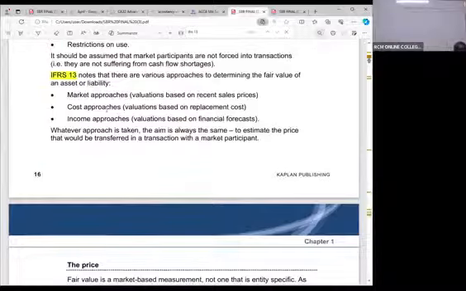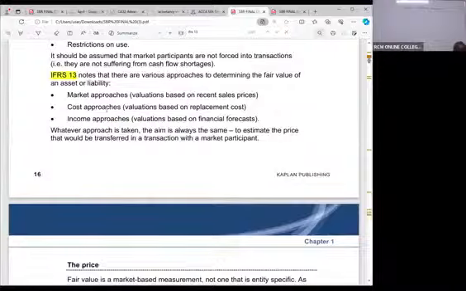Income approaches is what I teach you guys in advanced financial management, where you project incomes. Once you project incomes, you are able to discount them. If it is an apartment where I'm getting 300,000 every month, so per year it is this much, 30 years down the line, then those cash flows, I discount them.